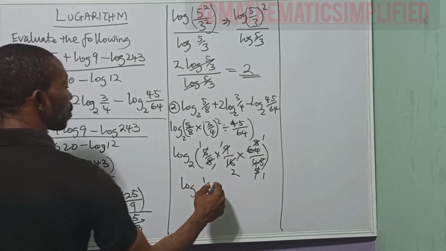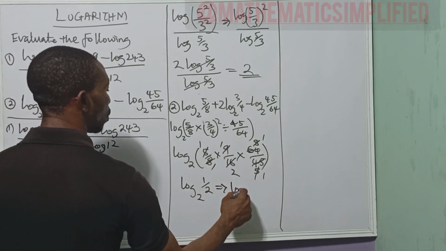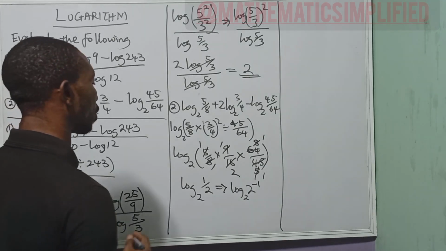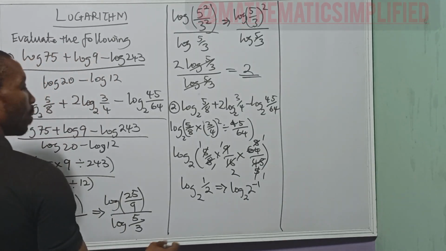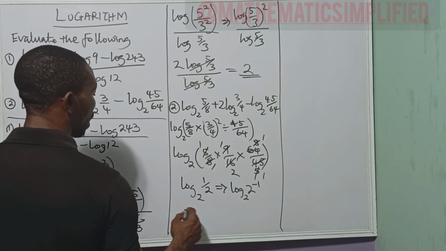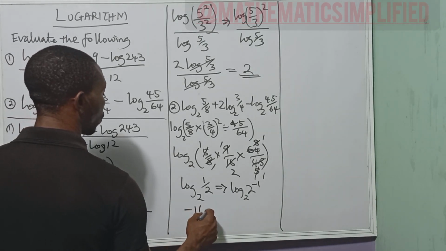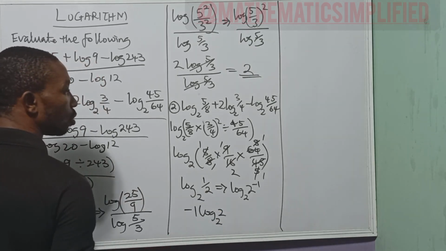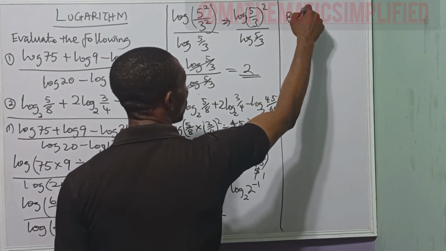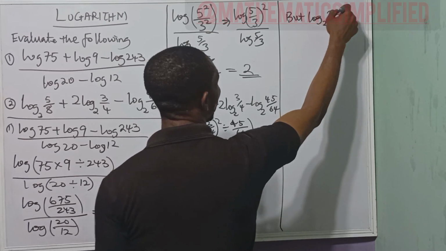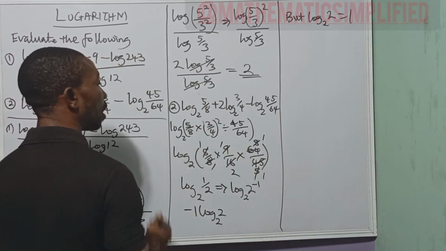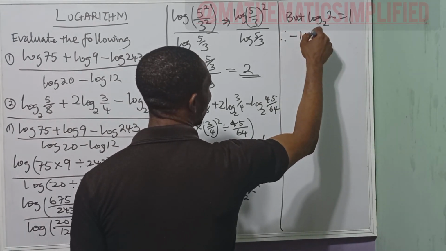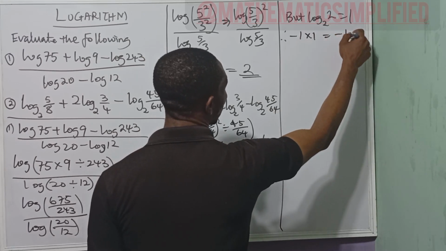This we can rewrite as log base 2 raised to the power minus 1, following our fractional indices law. So we have minus 1 log 2, but log 2 base 2 equals 1. So minus 1 times 1 will give us minus 1.